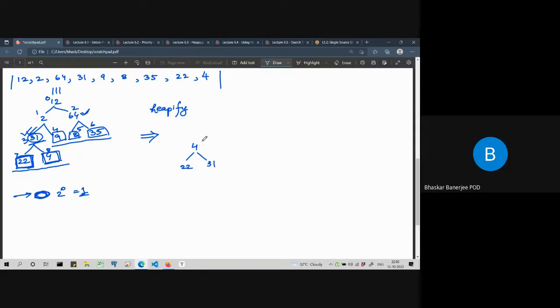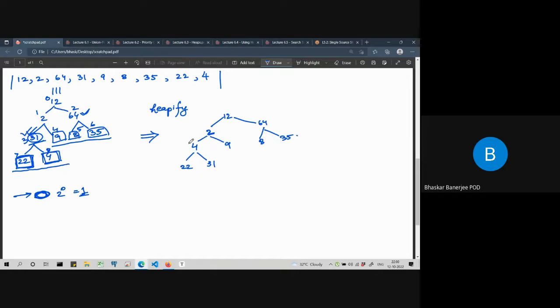By the way, how would the tree look at this point of time? 4, 22, 31, right? So 2 here and 9 would be here. On which node did we apply heapify?